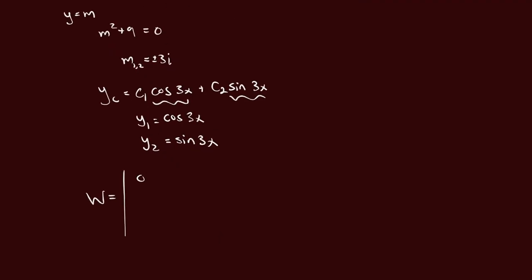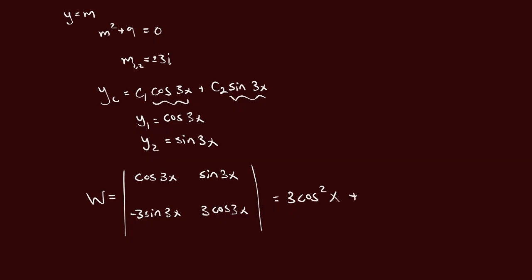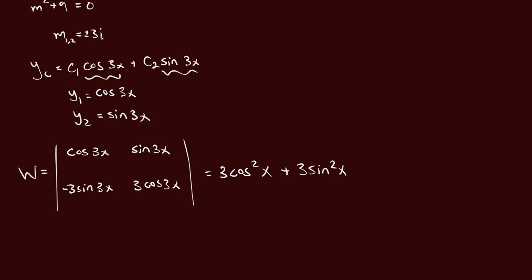We already know what those are, and then the respective derivatives are minus 3 sine 3x and 3 cos 3x. Their determinant should be 3 cos squared 3x plus 3 sine squared 3x, and if we factor out the 3, this whole thing is just 1.